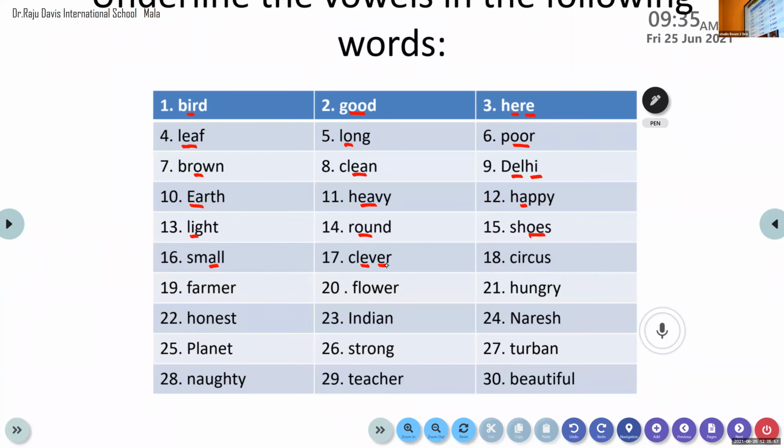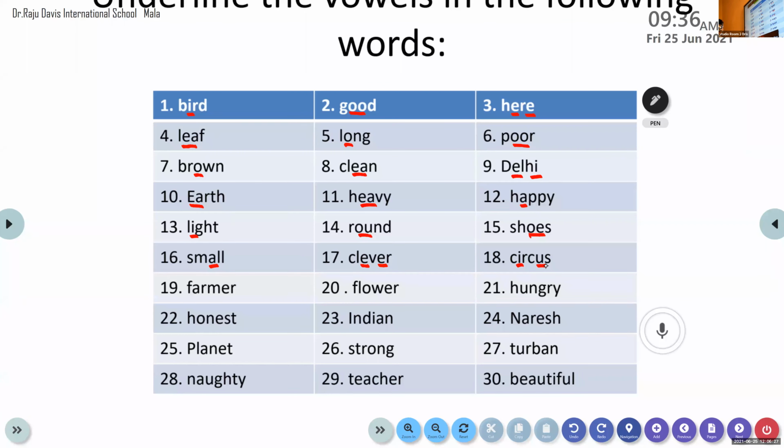Come on, quickly do it. It is circus. Have you not seen circus? So in that word, how many vowels are there? I and U. Very good. 2 vowels are there. Okay, very good, Ivania.